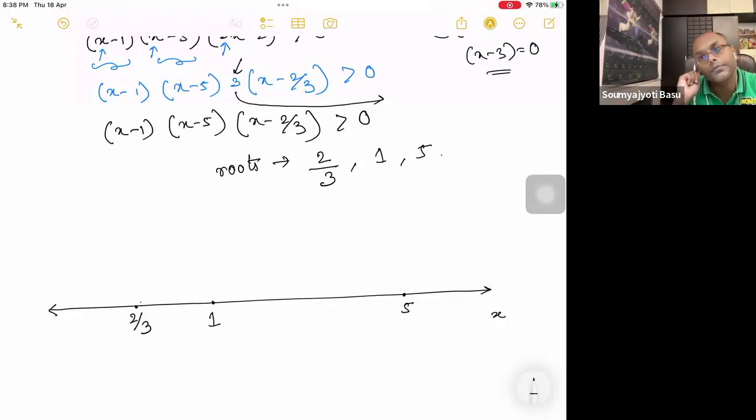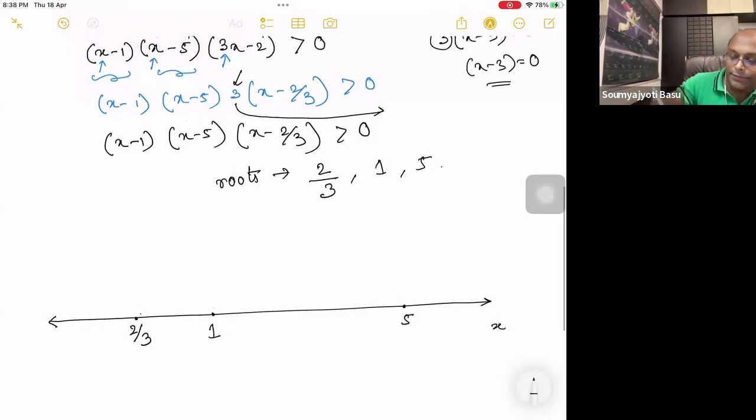If the inequality is just a greater than and not greater than equal to, you may have two cases, greater than equal to or greater than. If it is a greater than, then put a circle on the roots.